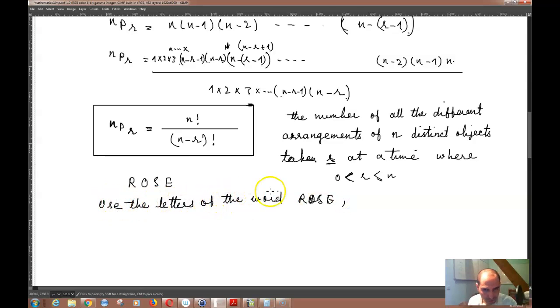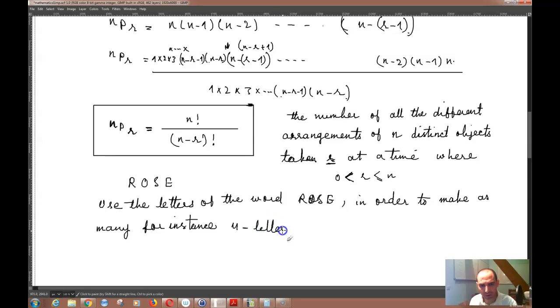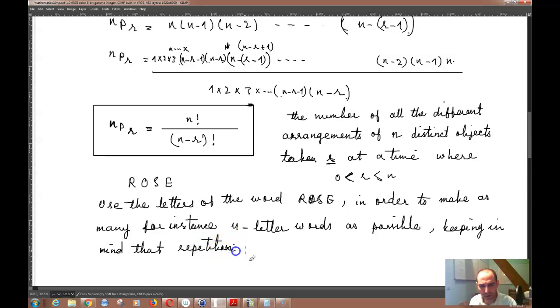So you want to use the letters of the word rose in order to make, for instance, as many 4-letter words as possible, keeping in mind that repetition is not allowed.